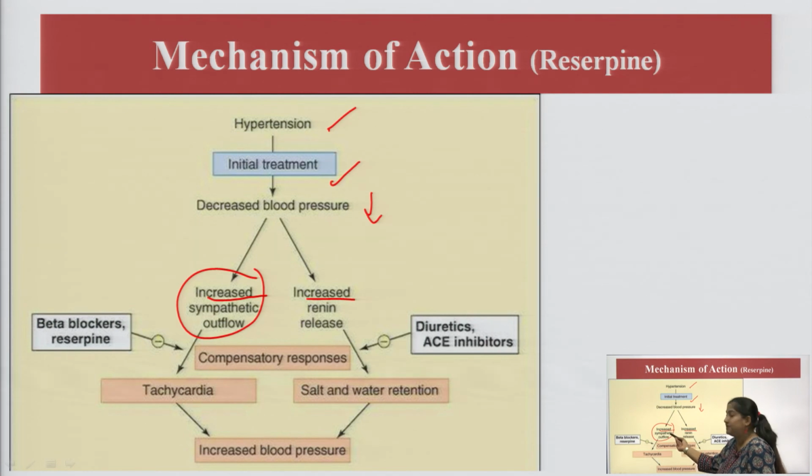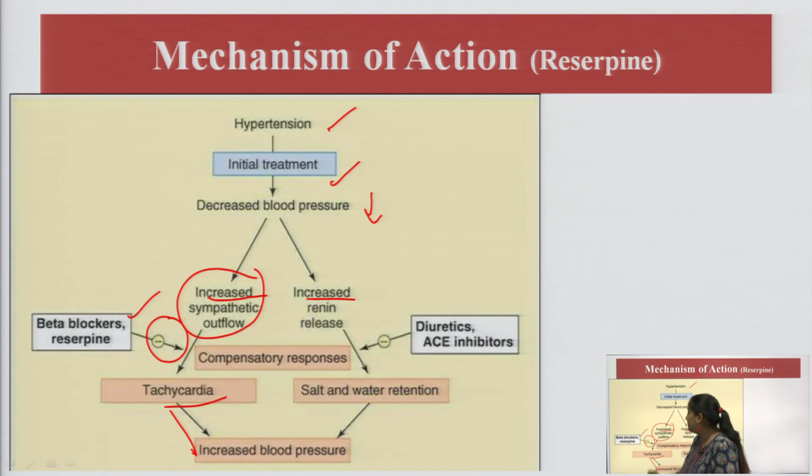When the sympathetic outflow increases, it causes tachycardia and ultimately blood pressure increases again. So what we can do, after the decrease in blood pressure, is use some beta blockers and Reserpine, so that tachycardia should not happen and ultimately blood pressure should not increase.